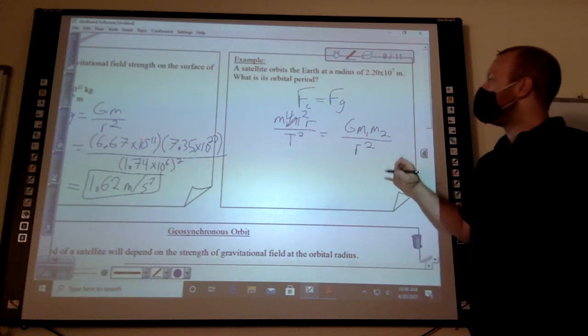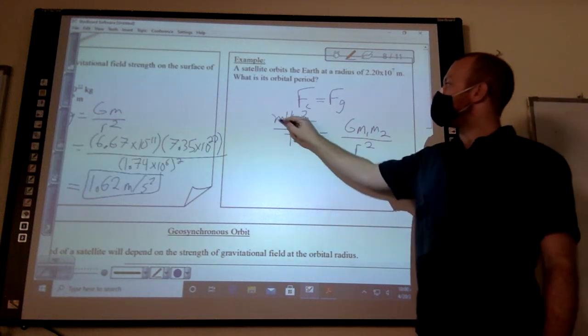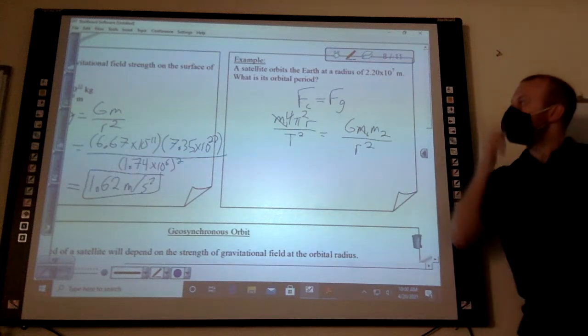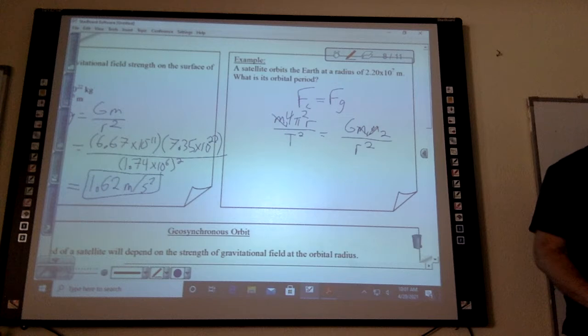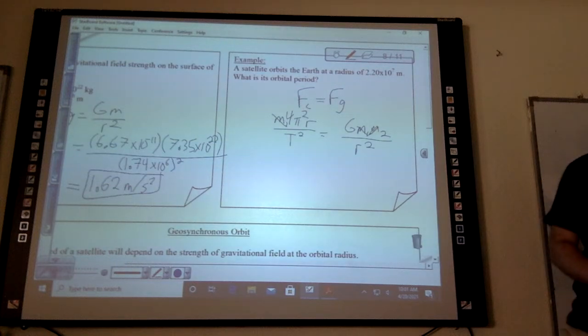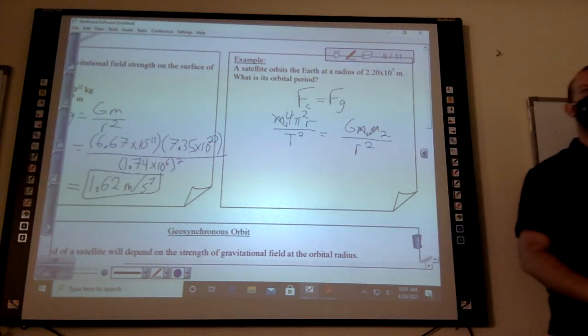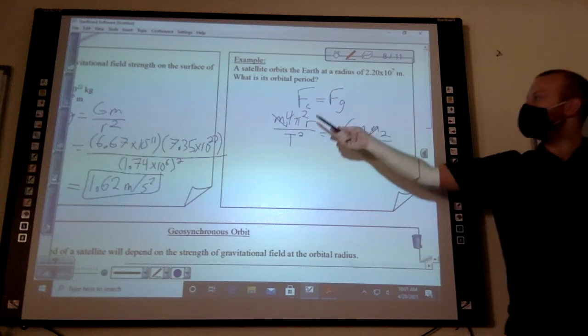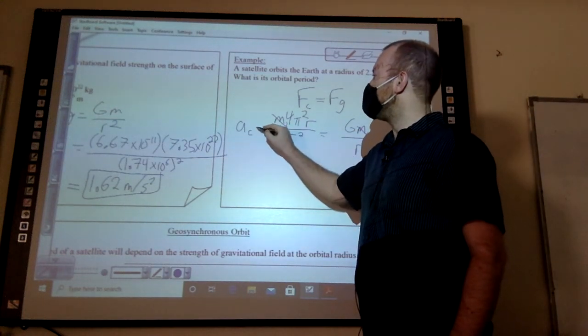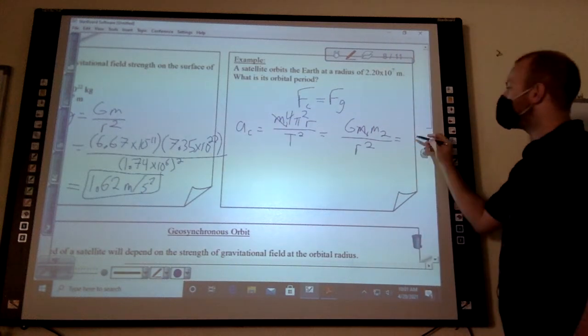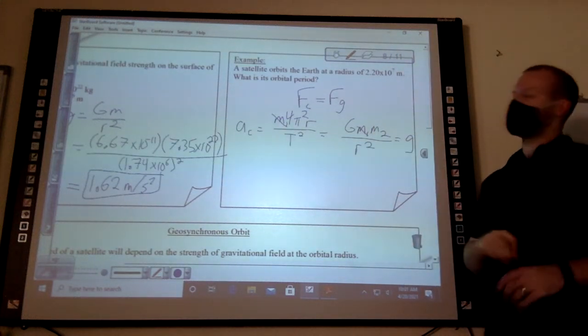So, in doing this, we can cancel out the masses. So often you'll be given something like this, and the Fc is often just going to equal lowercase g. So what I've got in this expression, notice this is the same thing as ac, and this side is the same as lowercase g.